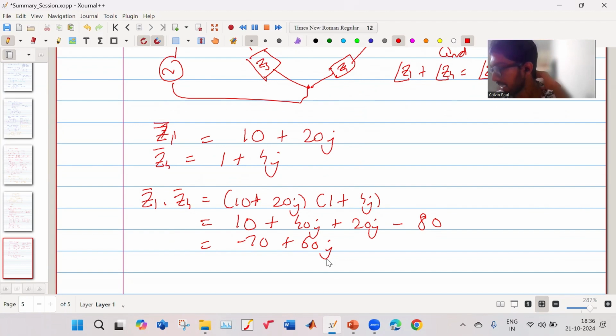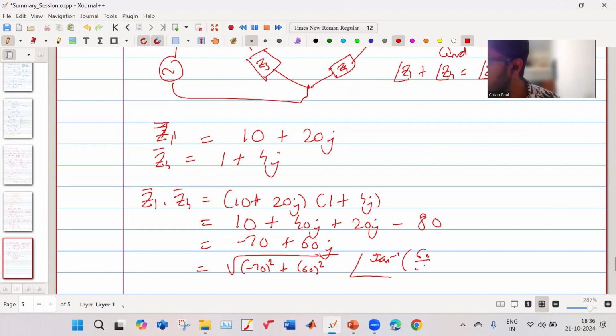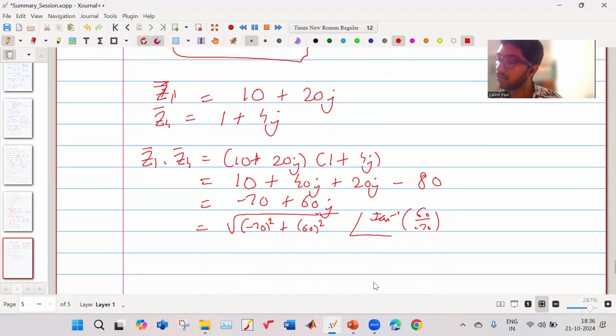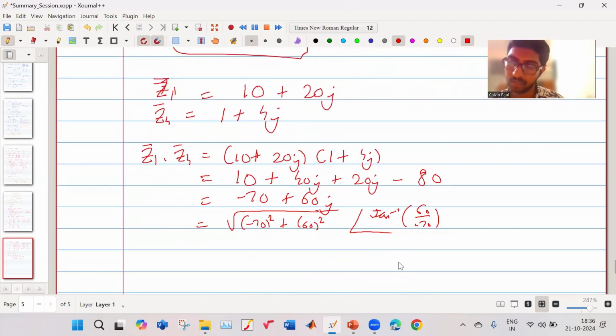And this is what is known as the coordinate form. If you want to write it in the polar form, it will be square root of minus 70 square plus 60 square, angle of tan inverse 60 upon minus 70, etc. So you should know how to do all these if required in the exam.